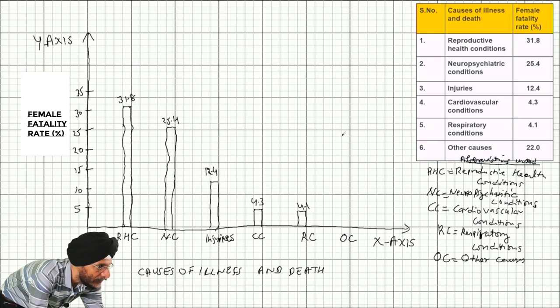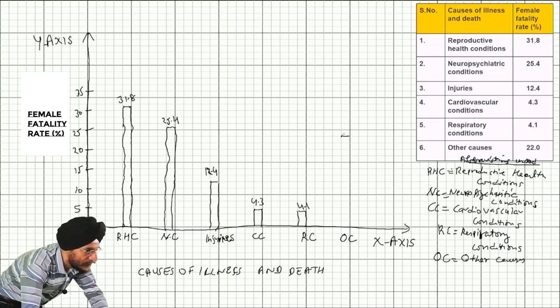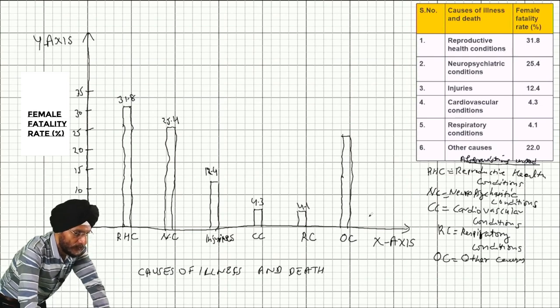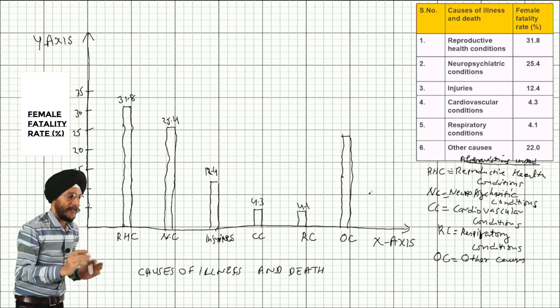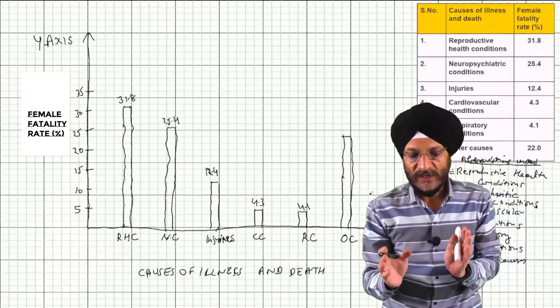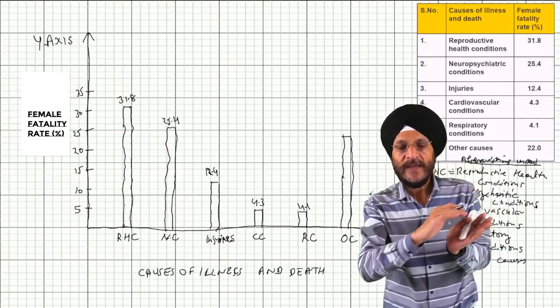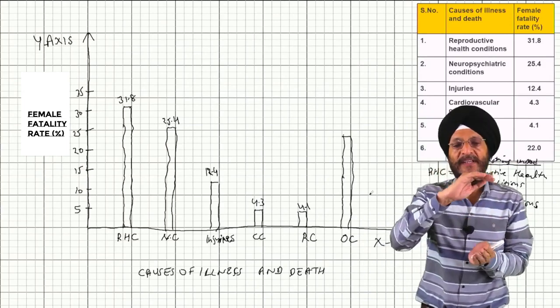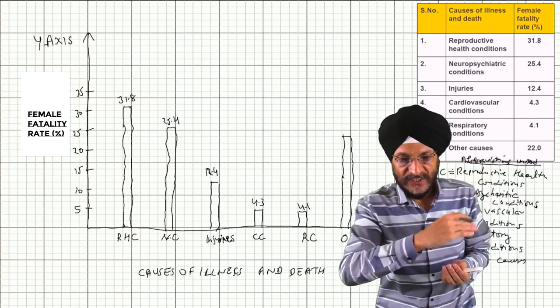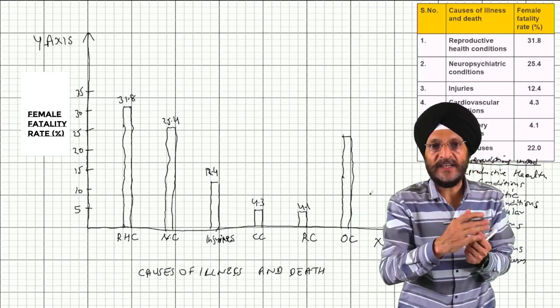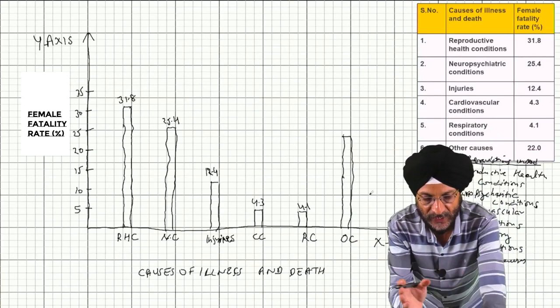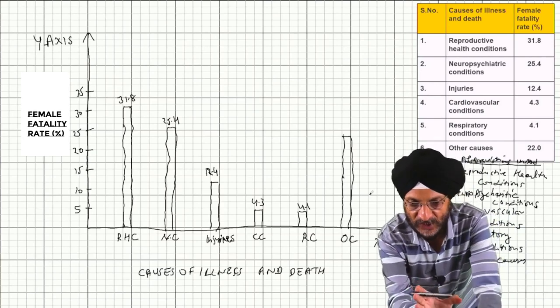So by now you have been able to draw the information in respect of causes of illness and death on the x-axis and the female fertility rate which is changing as per the cause of illness and death on the y-axis, and we have drawn the picture on the chart.